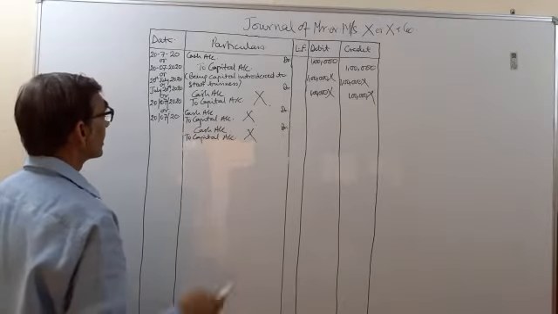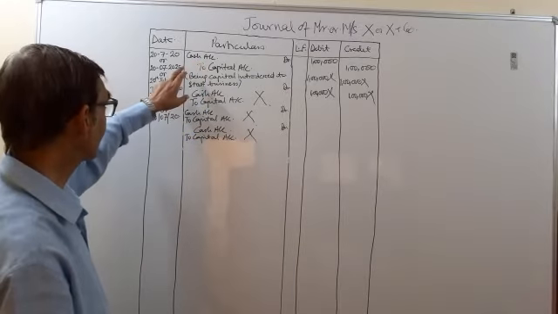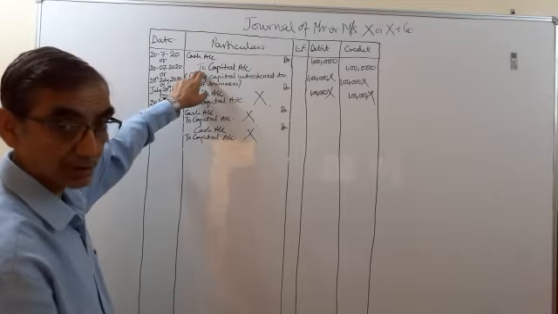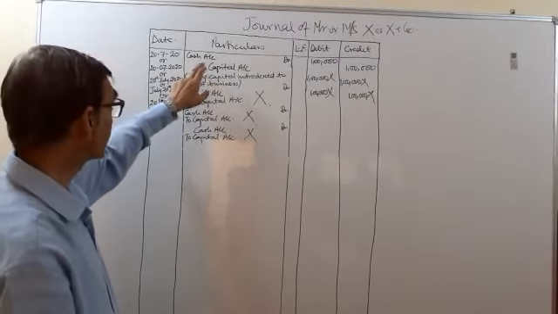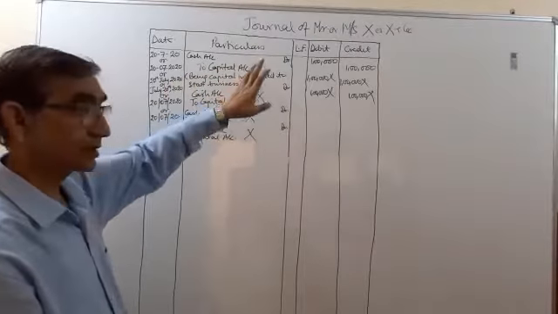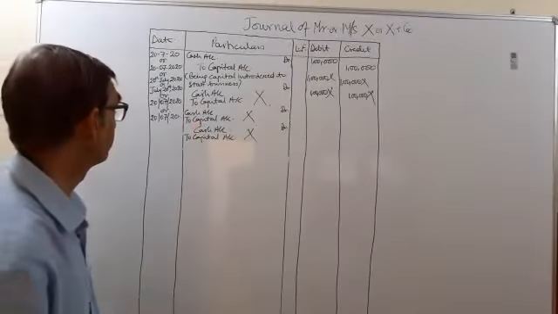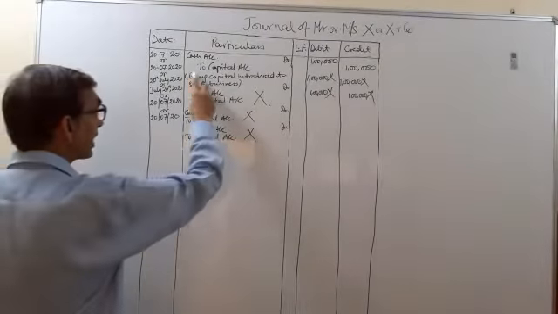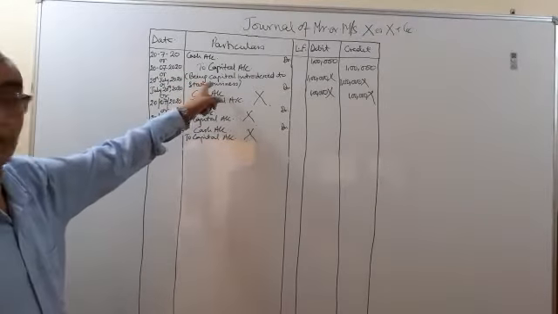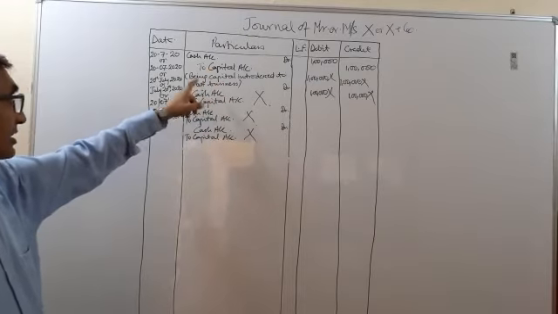It's clear? Then you will leave some space and then you will write the alphabet T for the word 'to'. This 'to' denotes the credit entry, and you will write down the name of the account that is to be credited. Then after each and every transaction, you will write the purpose of the entry that you have passed, and that is called the narration.